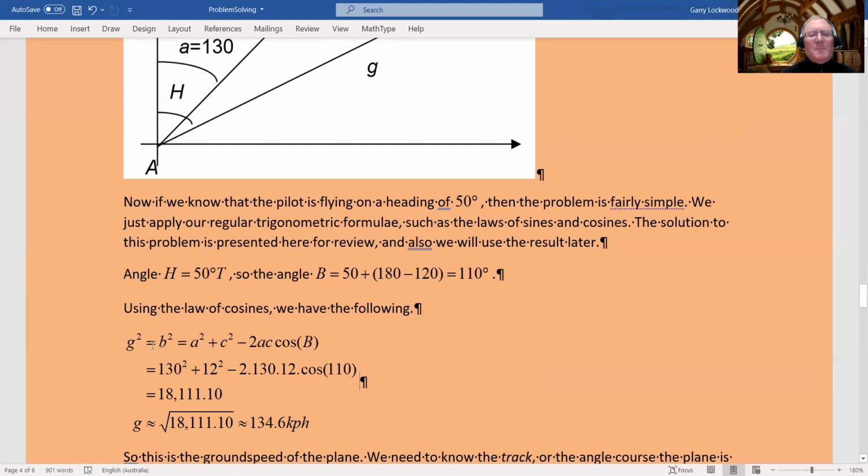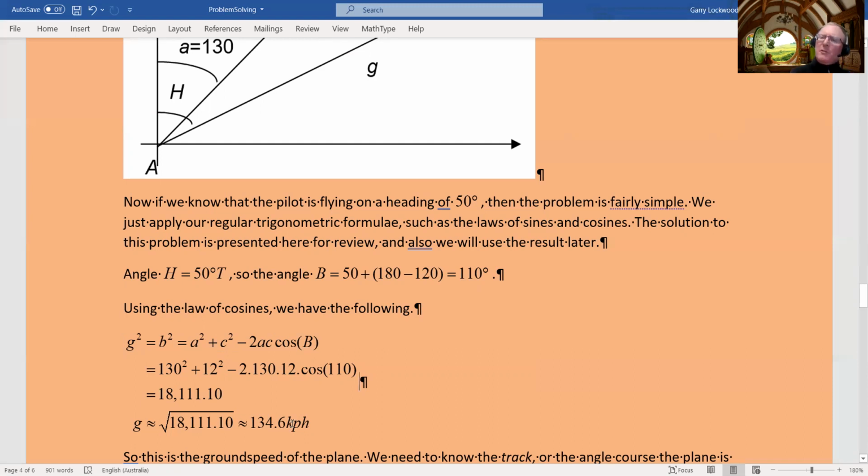Well, G squared is equal to A squared plus C squared minus 2AC cos B. That's 130 squared, and so on. Just chuck all the numbers in. Put that into your calculator. And so, of course, this should be approximately equals, really. But our G is approximately 134.6 kilometers per hour.